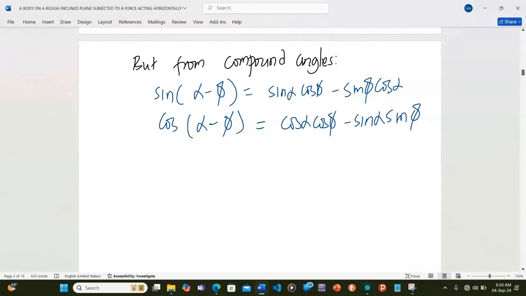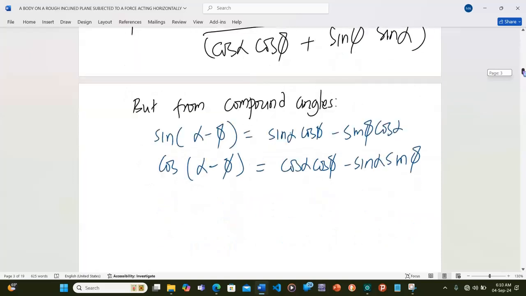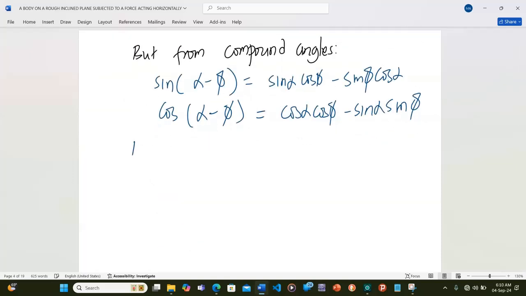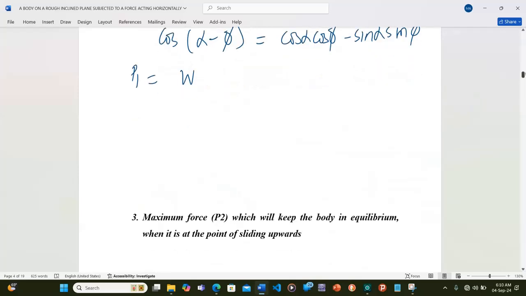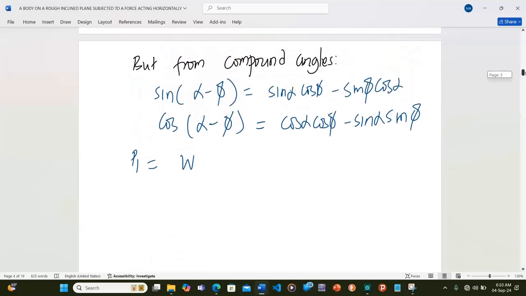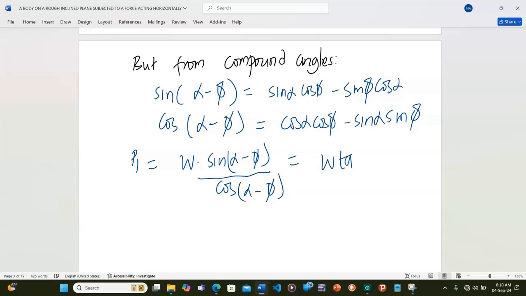So therefore, from this equation, P1 will obviously be W into sin alpha minus phi divided by cos alpha minus phi. So this obviously becomes W tan alpha minus phi.